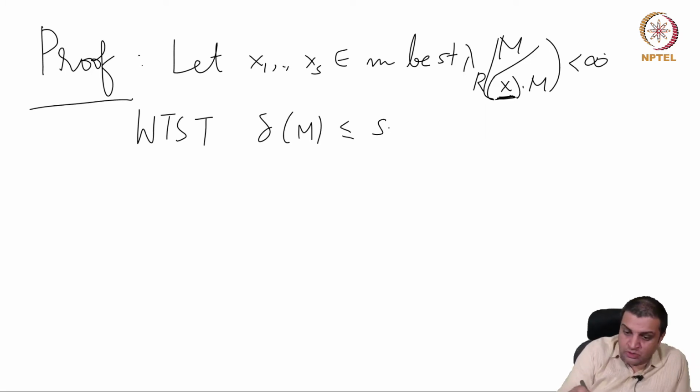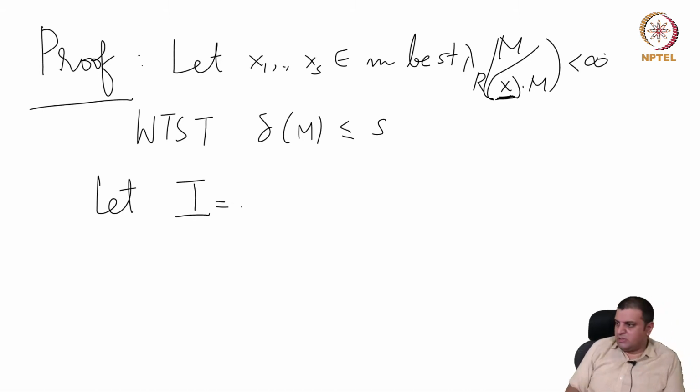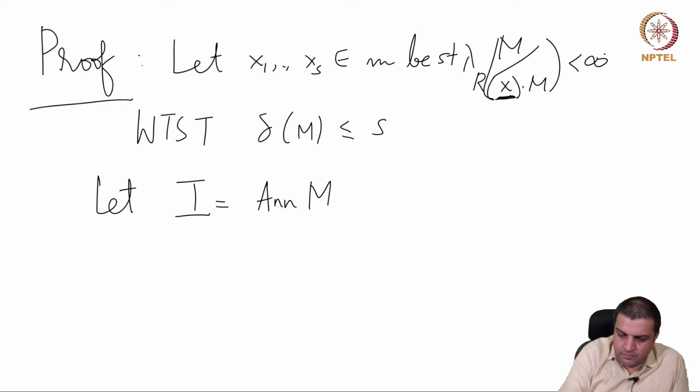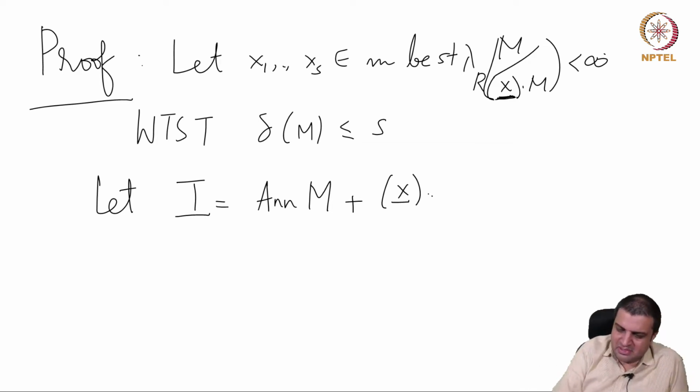So we would like to choose some convenient I, construct things with respect to a generating set for that I, and then conclude this. So let I be equal to the annihilator of M plus the ideal generated by these x's. It will be an exercise to check that this I is m-primary.